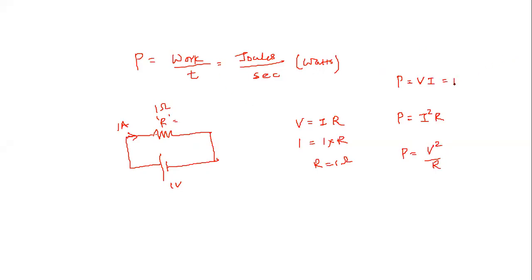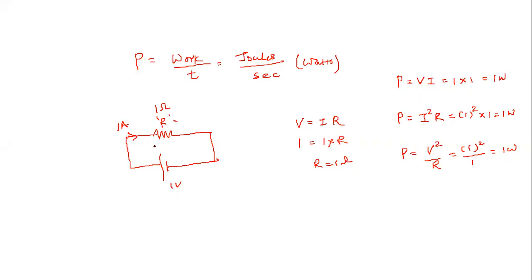So the voltage is 1, current is 1 ampere, the power is 1 watt. Here current is 1 ampere, resistance is 1, power is 1 watt. Here voltage is 1 volt, resistance is 1 ohm, power is 1. So you can use any of the formulas based on the given data to find out the watts, that is the power consumed by this resistor.